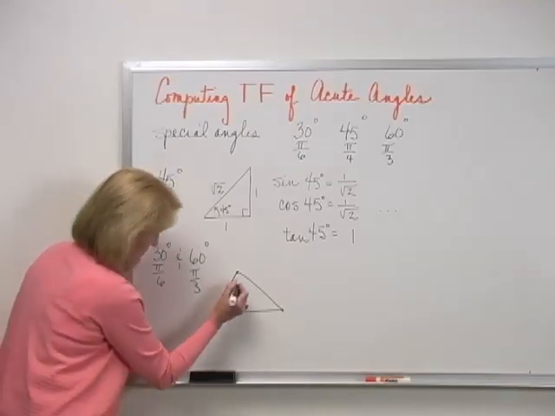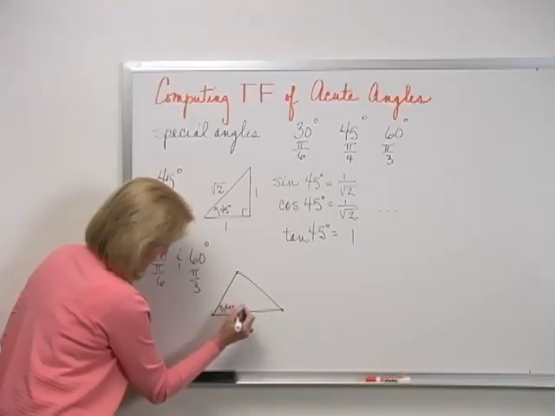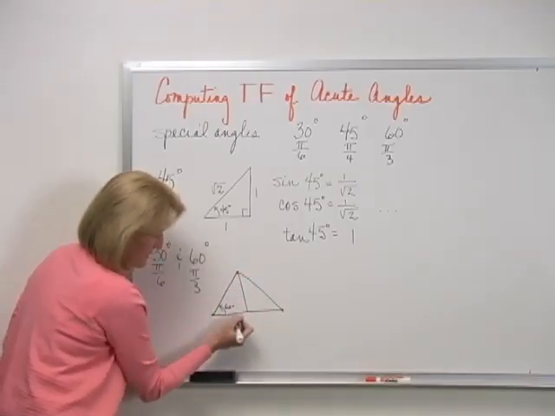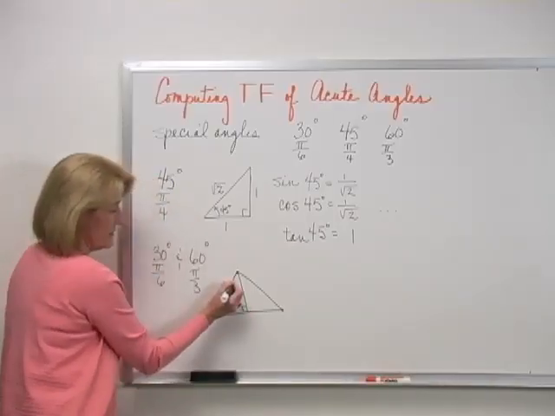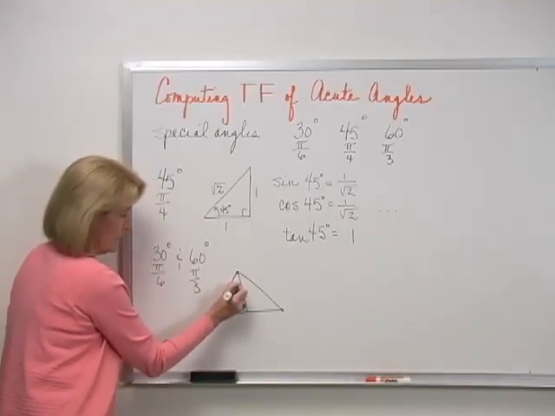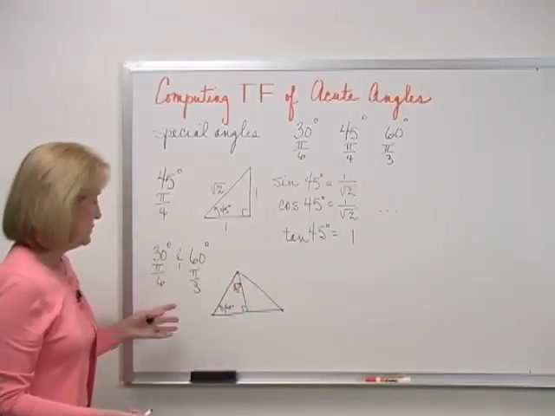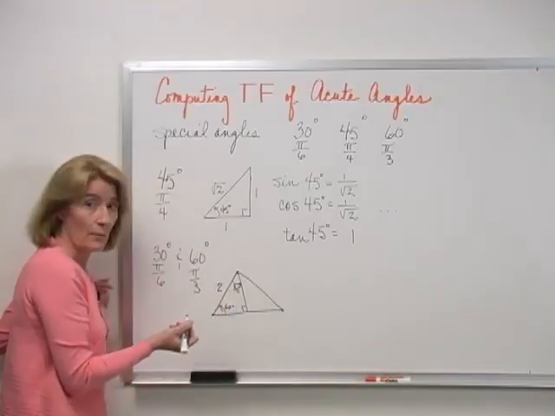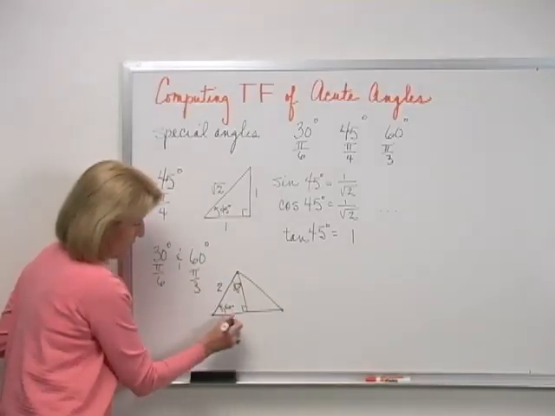So what I'm going to do is, okay, I know this is 60 degrees. I'm going to drop a perpendicular which bisects this side. That means that this angle is 30 degrees. And what I'll do is I'll just say that the length of this side is 2, making the length of this half of the same length 1.